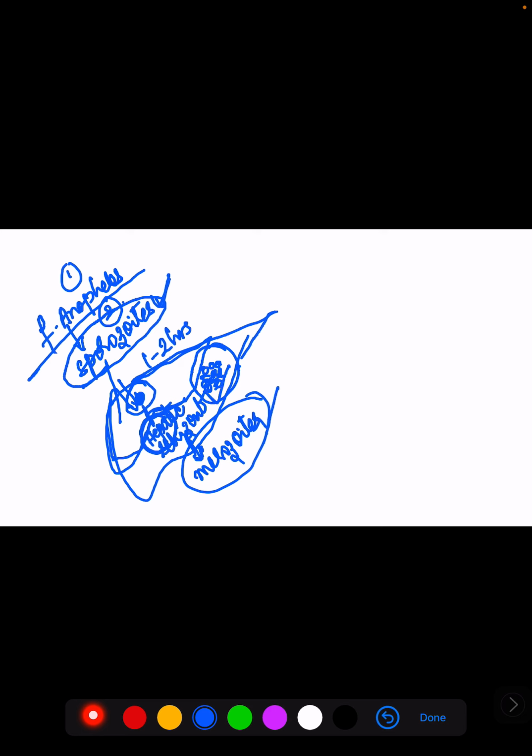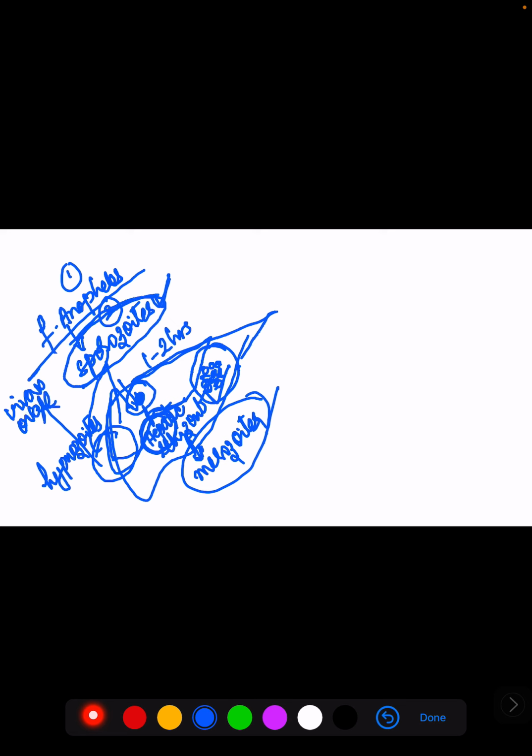Here we have some sporozoites that become hypnozoites, that is the dormant form. This occurs due to infection with vivax and ovale.